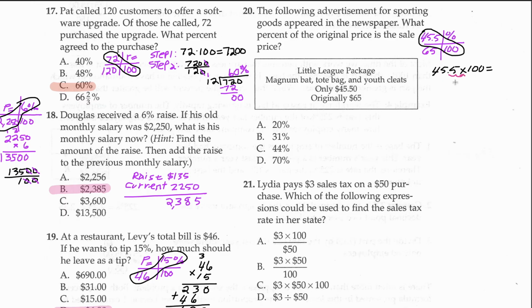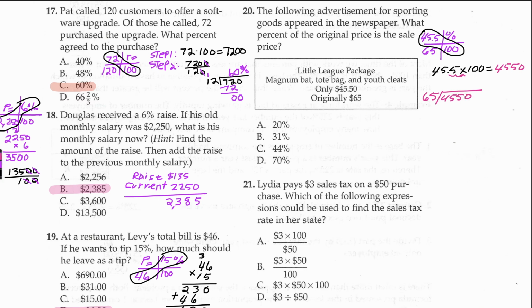So if we move 2 places to the right, we have 4550. That is the first step. Now the second step is to divide that number by 65. So let's do 65 goes into 4550.